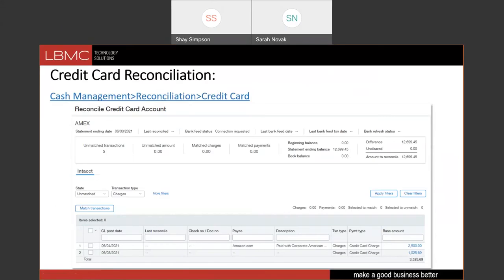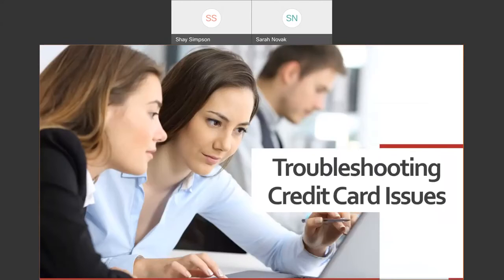Okay. And then the last question we have right now is, are there any plans to expand the card feeds and bank feeds with more commercial solutions like Amex at Work or commercial banking services? Yes, they're always adding new banks and more functionality.